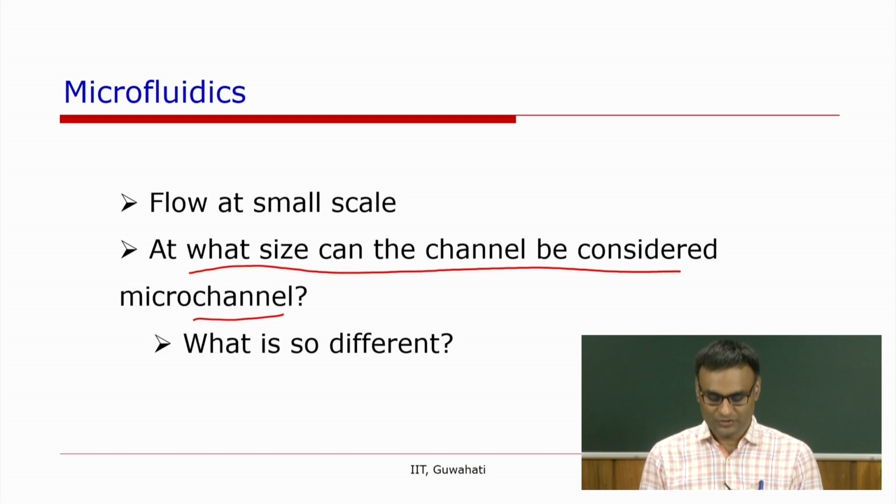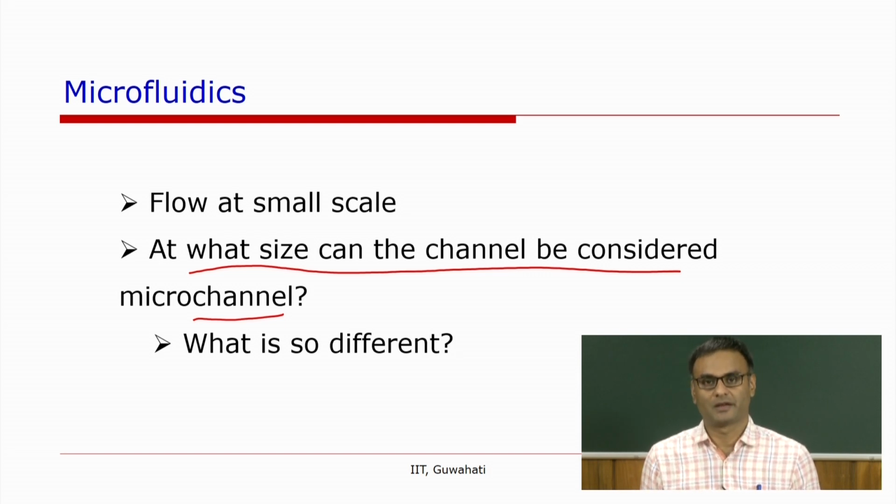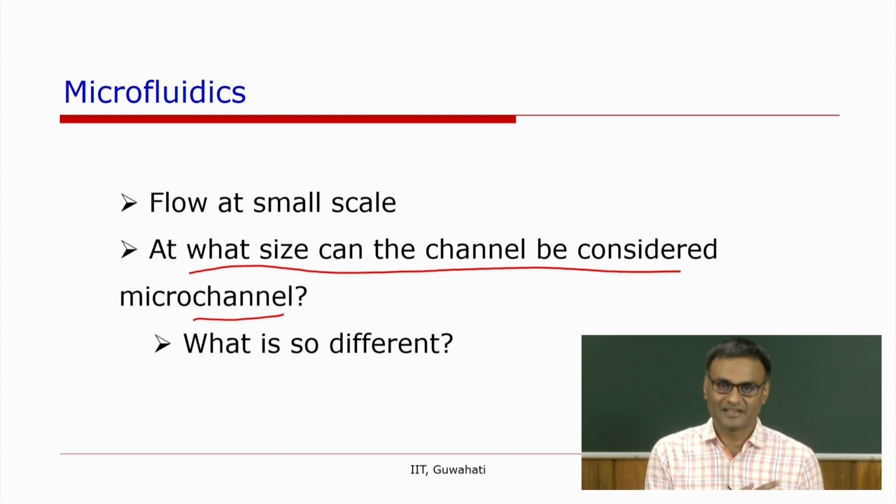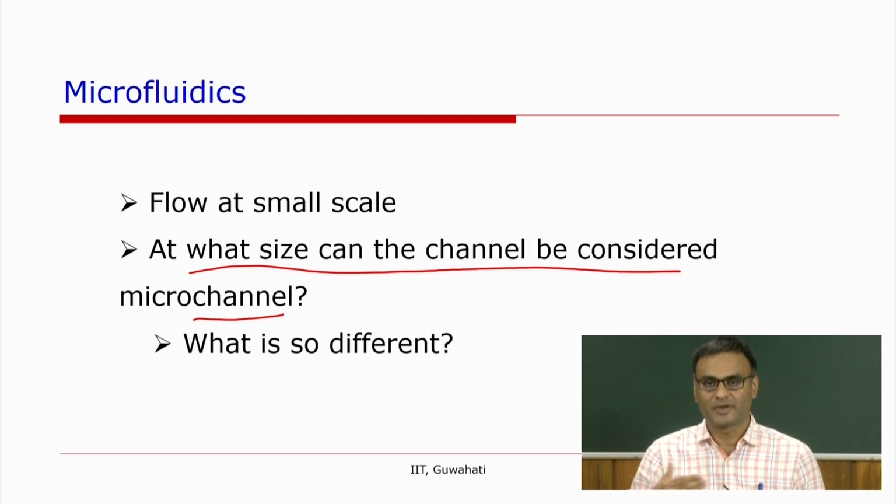In my opinion, the first question we should ask is, what is so different about microfluidics, or flow in microchannels, that we need to study it separately? What are the effects, or what is the physics, that was not present in conventional channels but has become dominant in micron-size channels or small diameter channels?